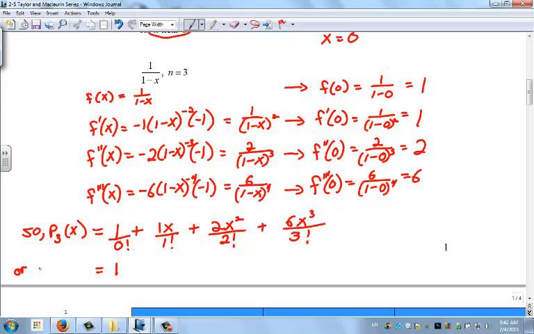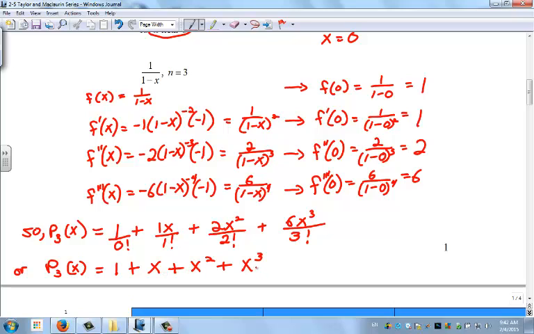So we have P3 of x equals 1 over 1, which is 1, plus 1 over 1 times x, so that's x, plus 2 over 2 times x squared, so that's plus x squared, plus 3 over 3 times x to the third, so that's plus x to the third. So P3 of x for 1 over 1 minus x is 1 plus x plus x squared plus x to the third.